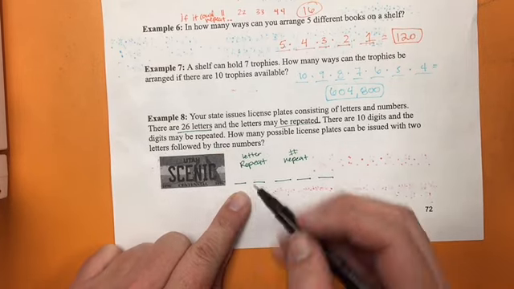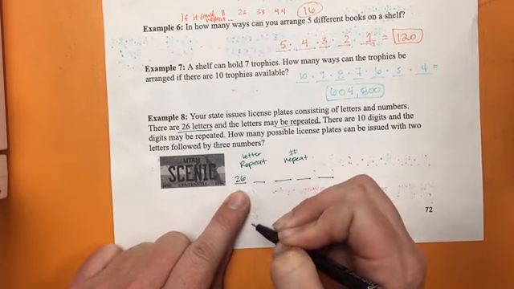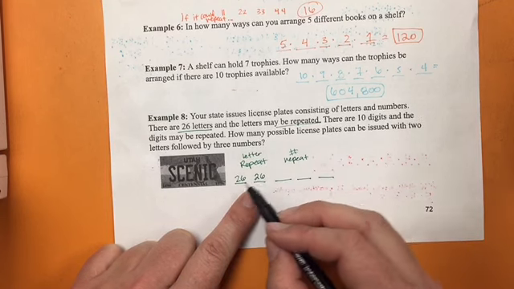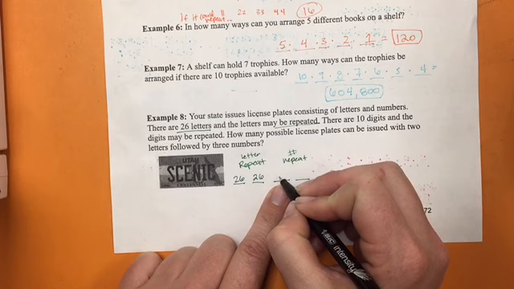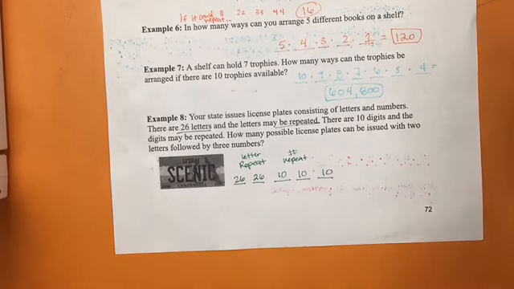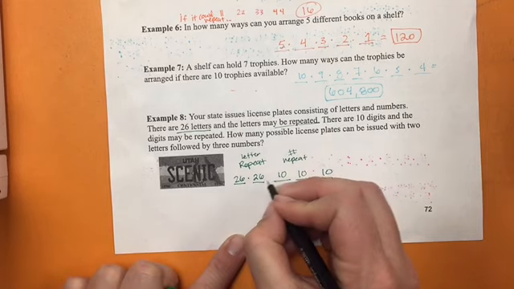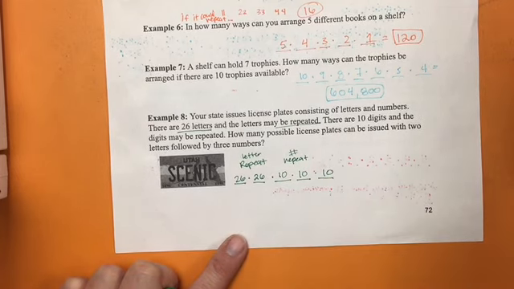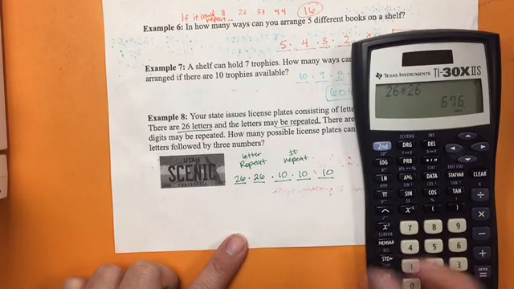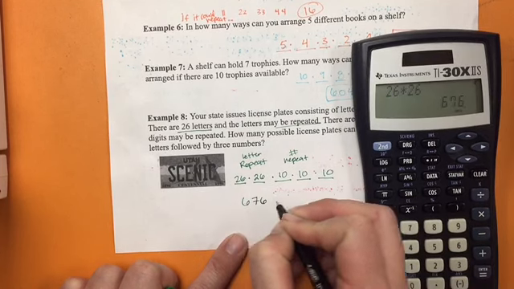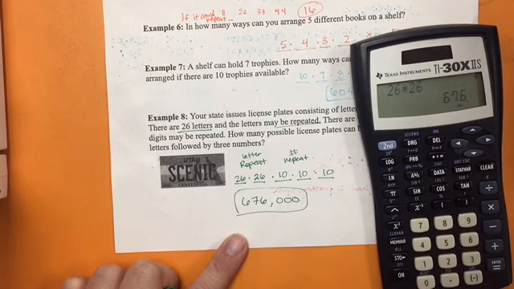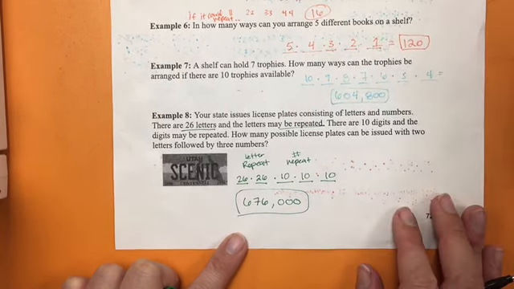So if they can repeat, I have 26 letters to pick from for the first, and I can pick from 26 again, because they can repeat. Then the numbers, I have 10 to pick from, 10 to pick from, 10 to pick from. Multiply it all together. Those are how many license plates I can create.